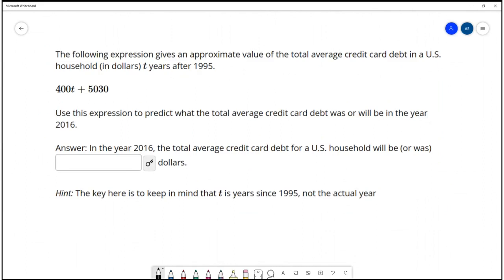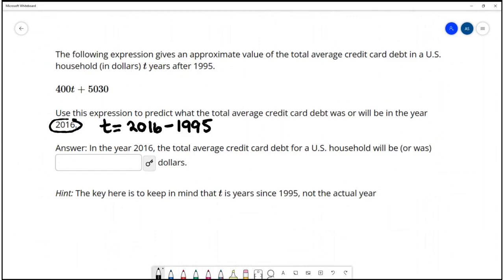So we are given 2016. To find T, we need to figure out how many years after 1995 is 2016. So we're going to do 2016 minus 1995 to figure out how many years after.